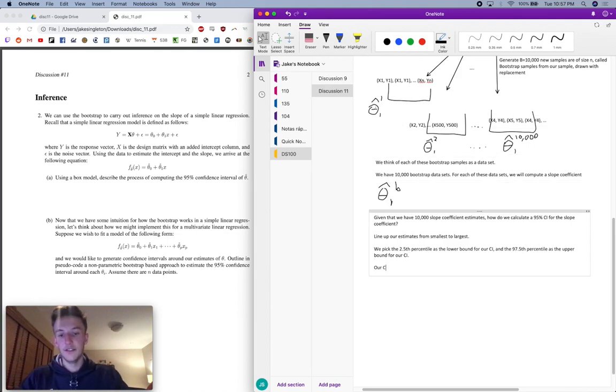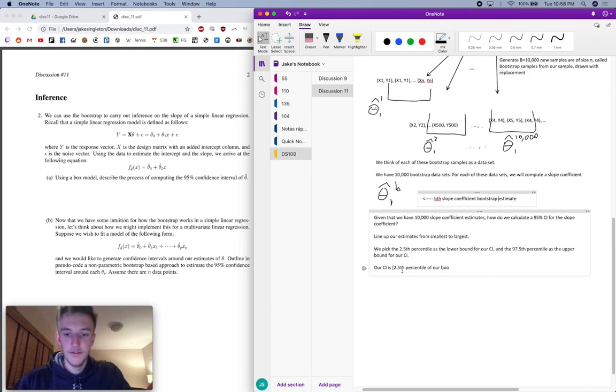So I guess in conclusion, our CI is this interval: the 2.5th percentile of our, and I guess maybe so we can be clear, we'll call this the theta 1 hat slope coefficient bootstrap estimate.